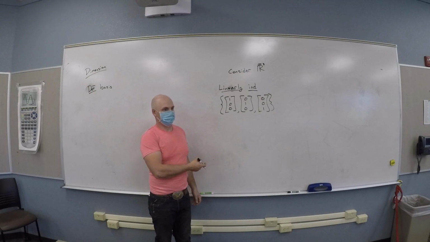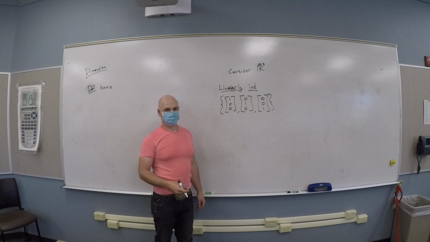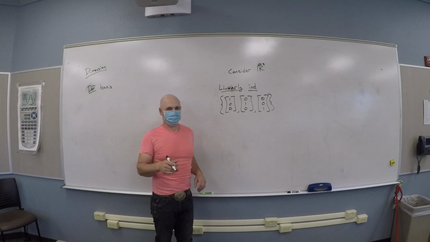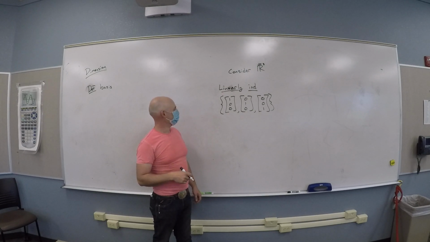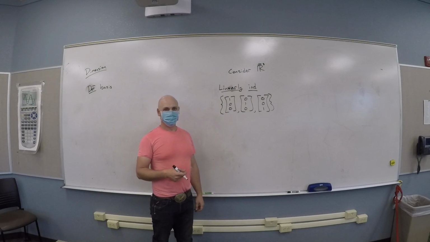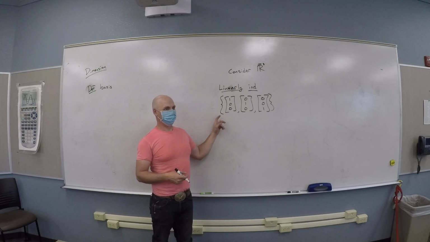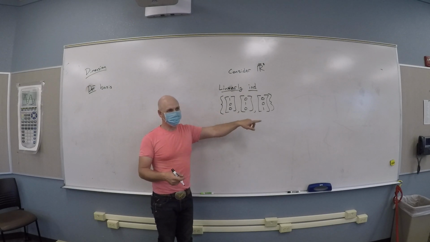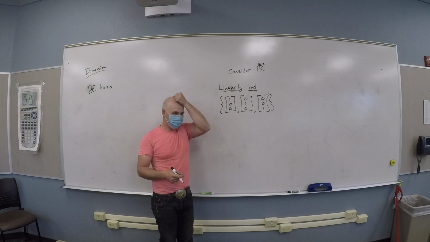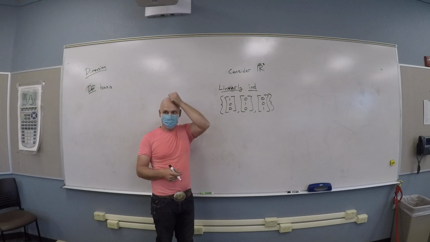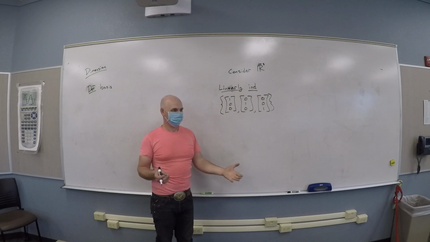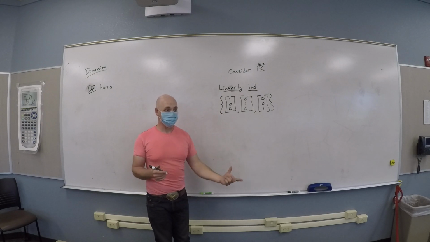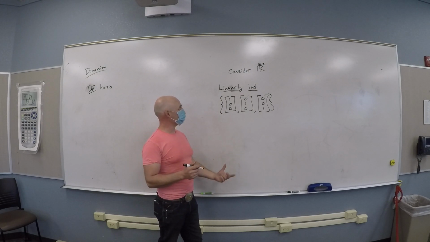How do I know? If you add them together with scalars and get the zero vector, it should be pretty obvious that the scalars all have to be zero, right? Yep. That was actually one we did a long time ago. So that's a linearly independent set.